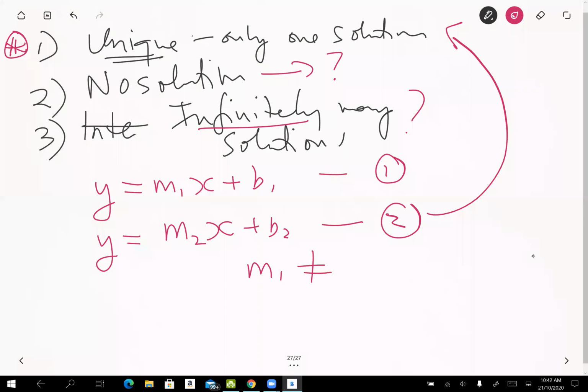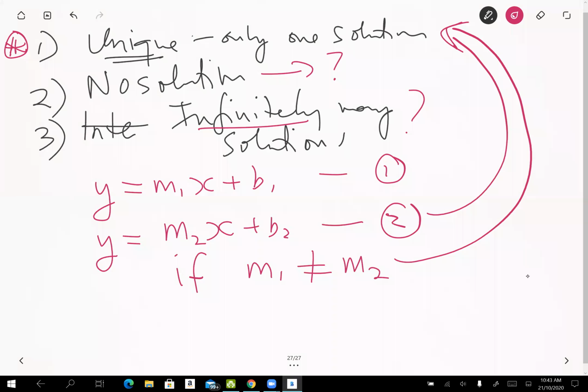If the slopes are not equal, then you have a unique solution. So when you solve a system, you just look at the slope first.